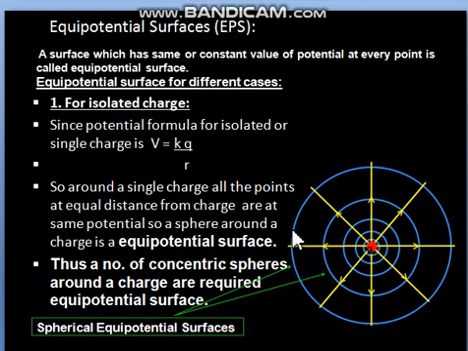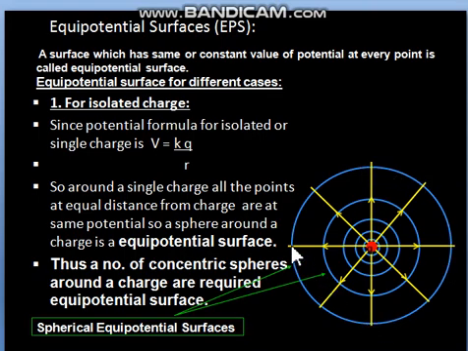In the same manner, all the points which are at the same distance R from the charge have the same potential value, and if we join all these points, then we will get a sphere in three-dimensional. So a sphere is actually an EPS or equipotential surface for a given charge.